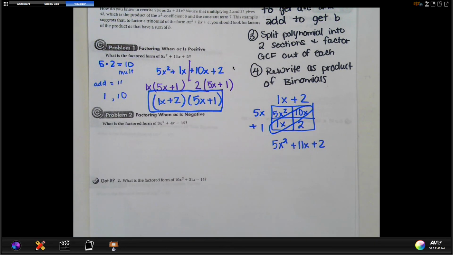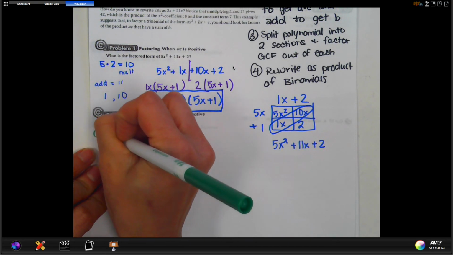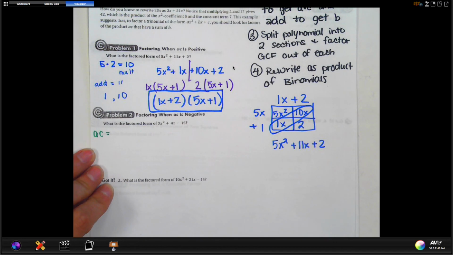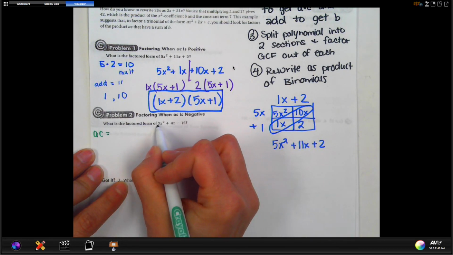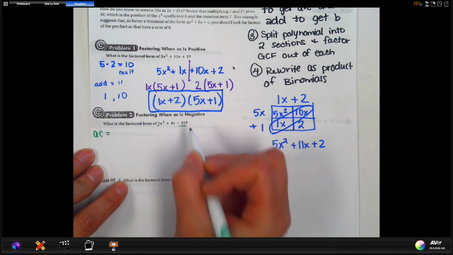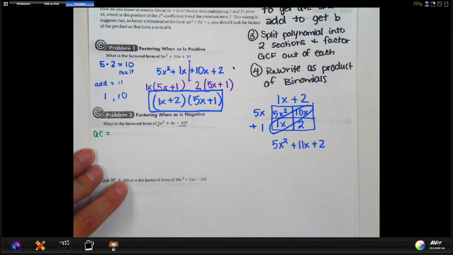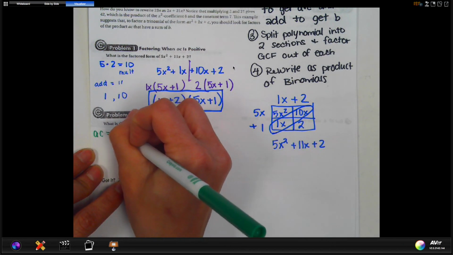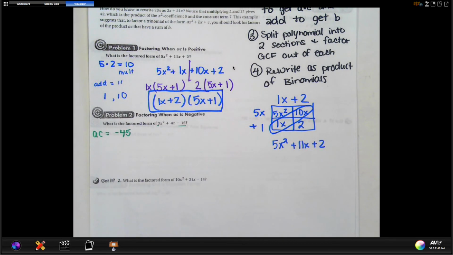Okay, so what's AC's value? 3 times negative 15. Negative 45, okay? So our factors that we choose have to multiply to get negative 45.